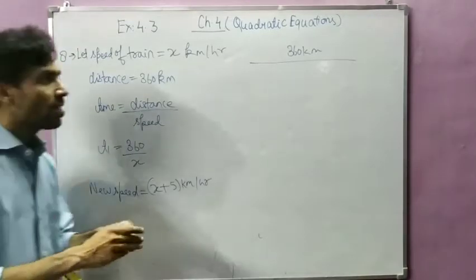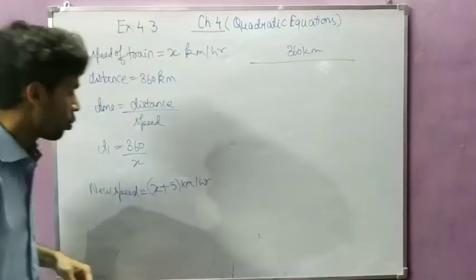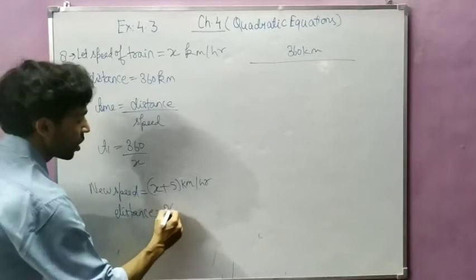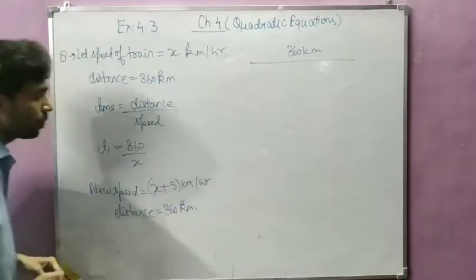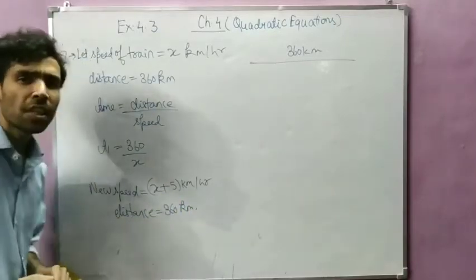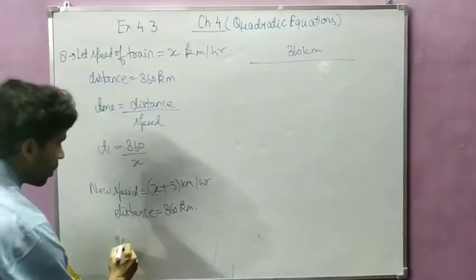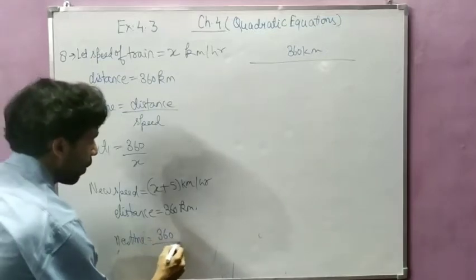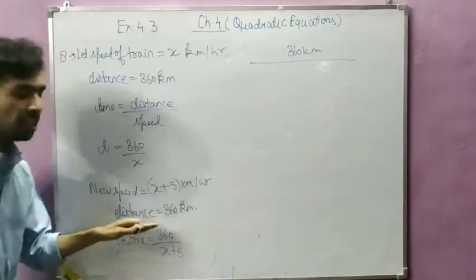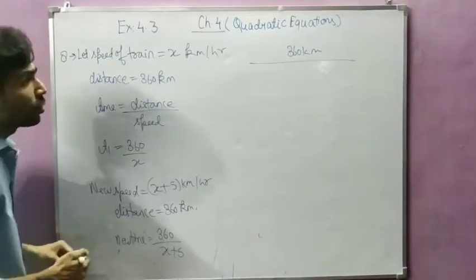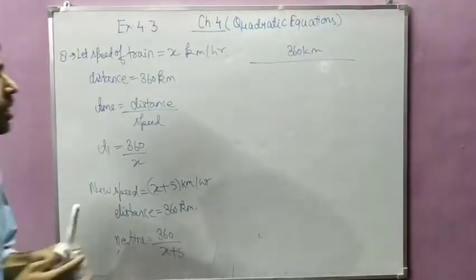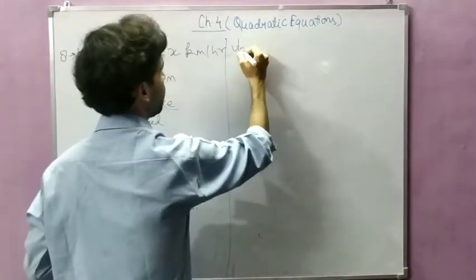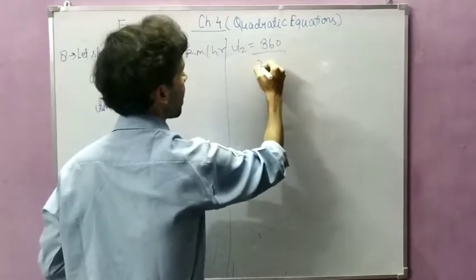Because the distance of the journey is same, distance remains constant. So 360 km. So you can calculate the new time, na? So new time will be 360 upon x plus 5, distance upon speed. Okay, this is the new time, and suppose this new time is t2. So t2 is equal to 360 upon x plus 5.